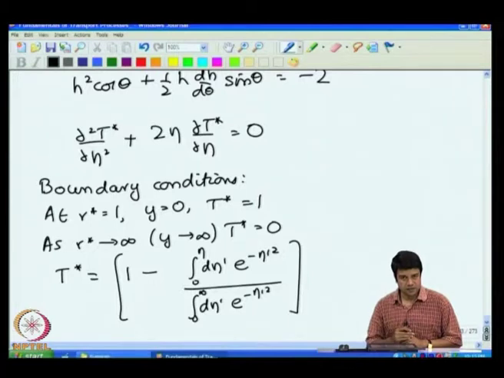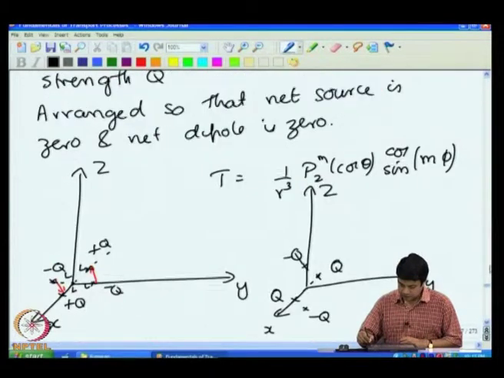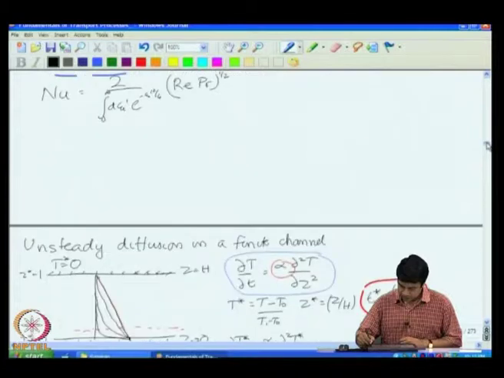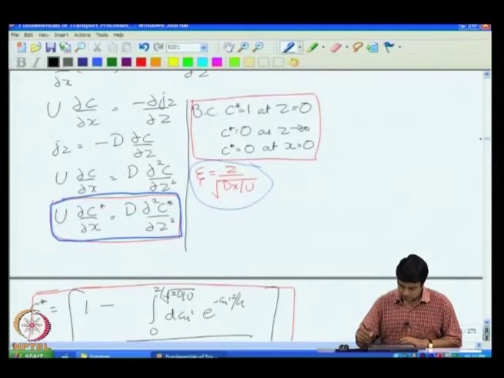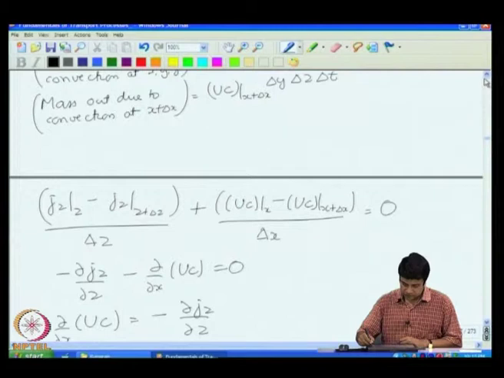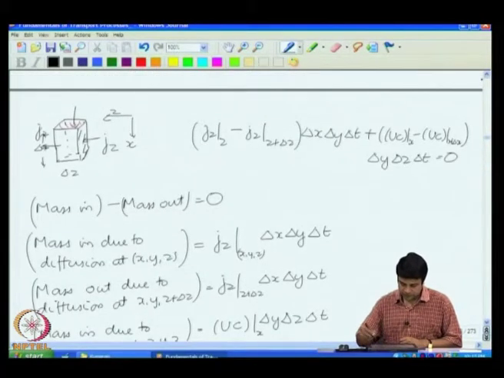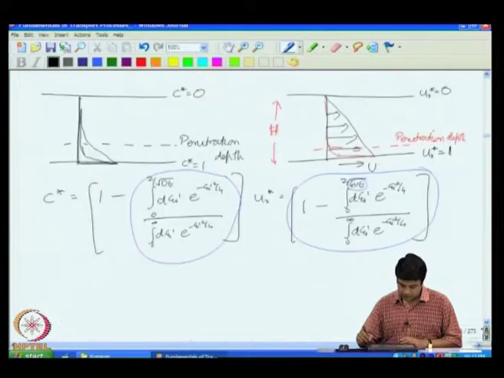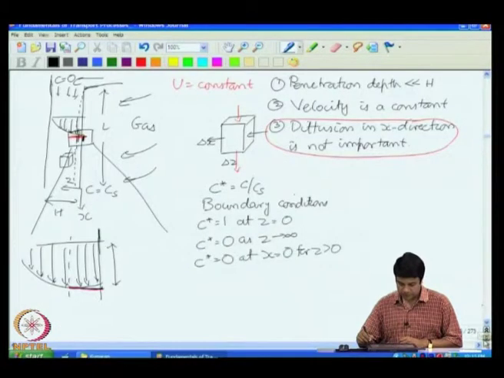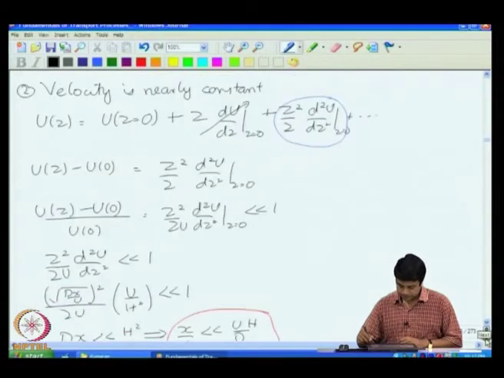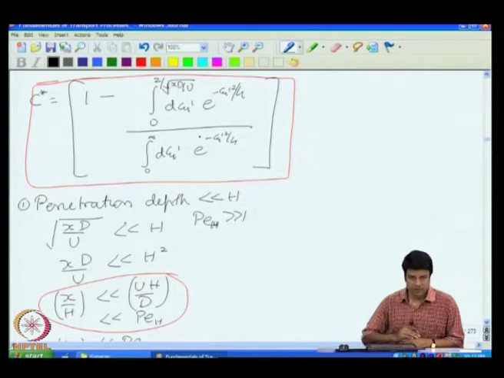And in fact, this exponential solution will turn out to be the same for any surface at which you have the velocity being non-zero. If you go back to our earlier example of transport to a falling film and look at the solution that we got there, the solution is once again identical.